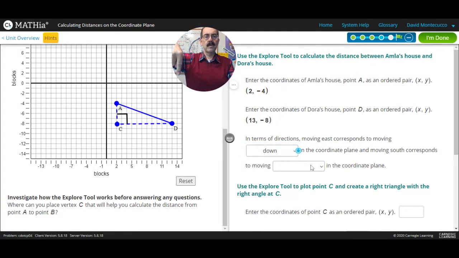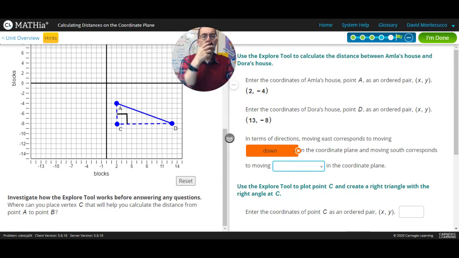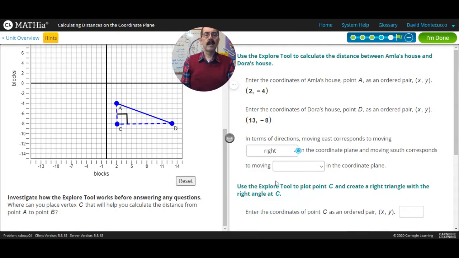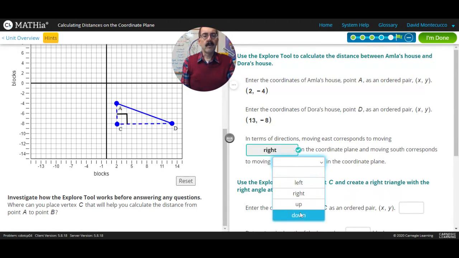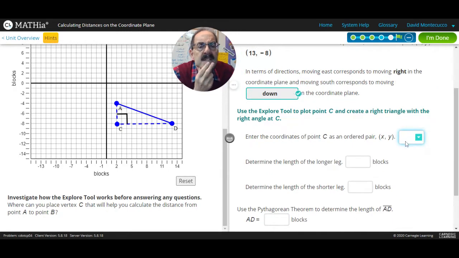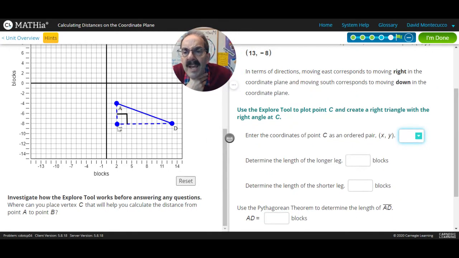We go down. In terms of moving east, east is going to be to the right. And down. Yep, there we go. And C, so that we made the right triangle on mine, it's going to be 2, -8.